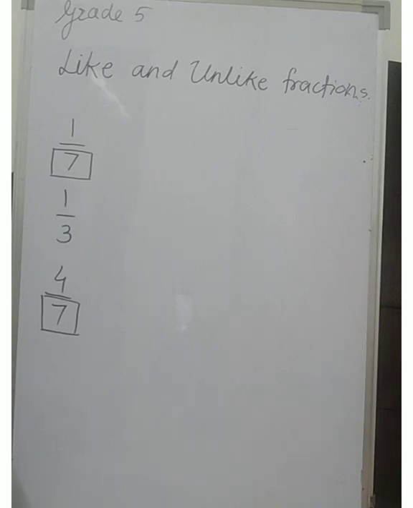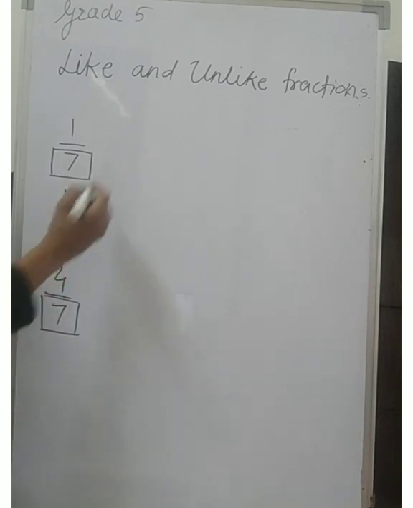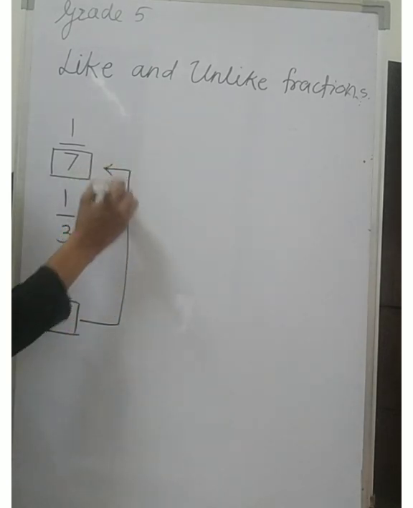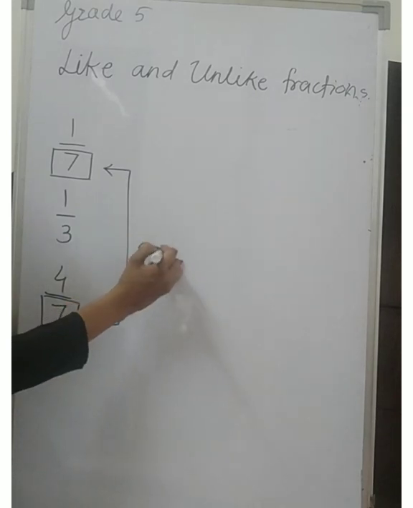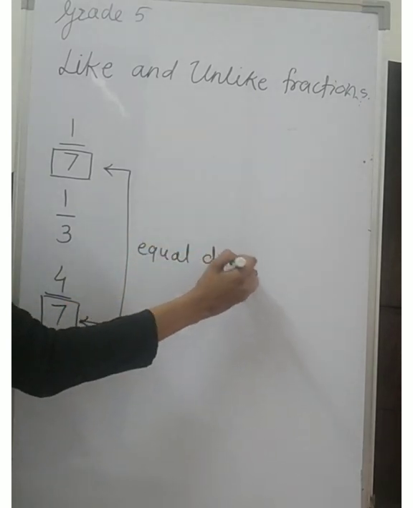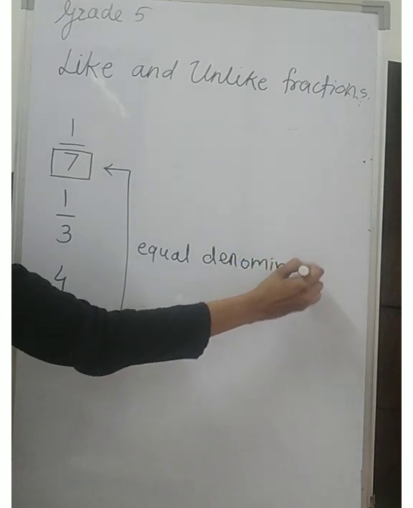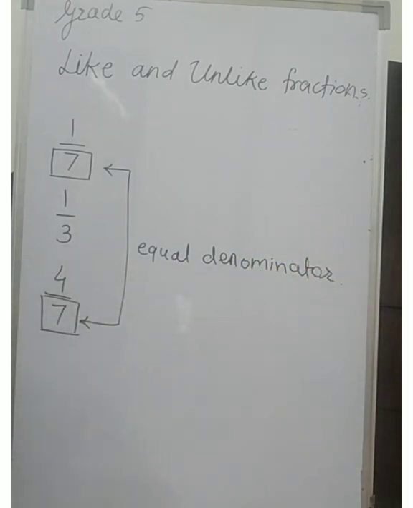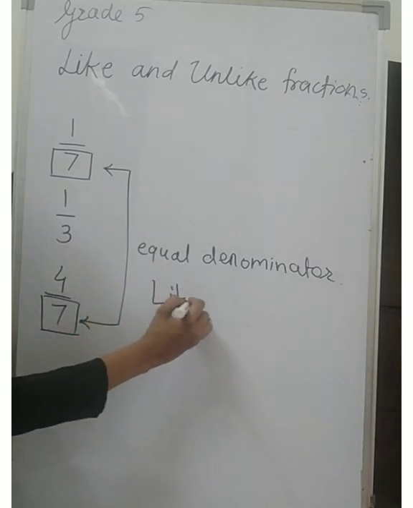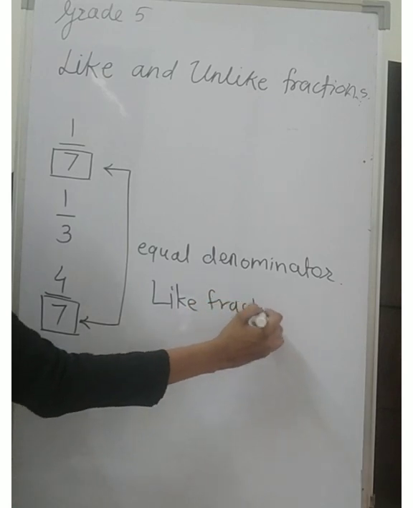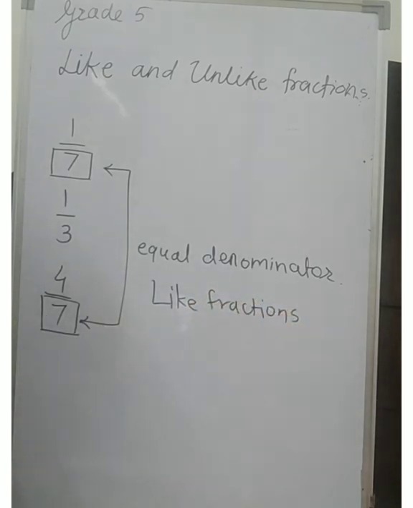So the fractions which have the same or equal denominators, these two denominators are equal, then these fractions are called like fractions. And the numbers having different denominators are called unlike fractions.